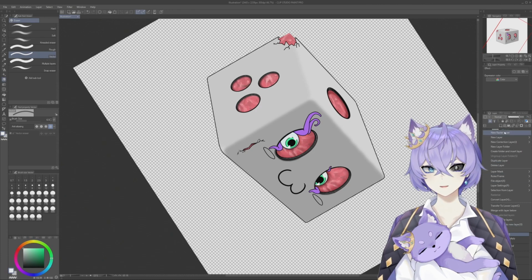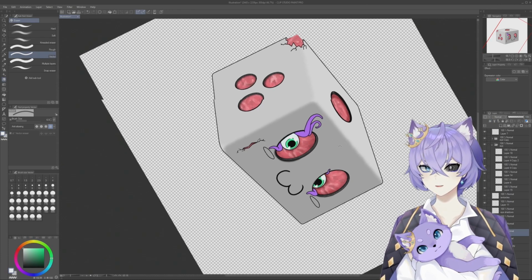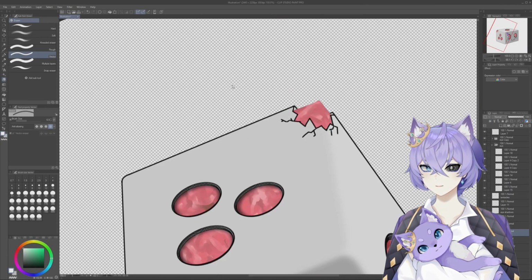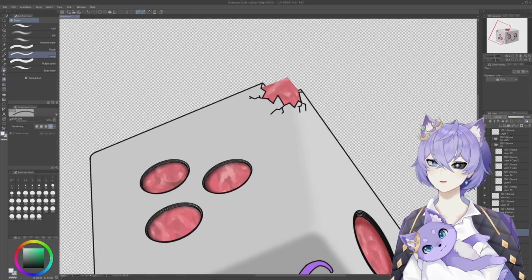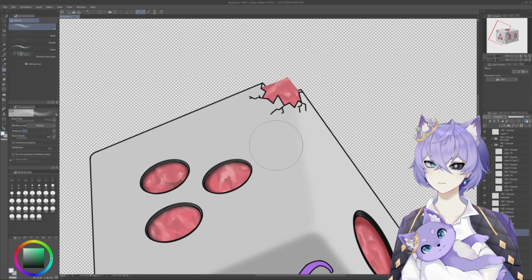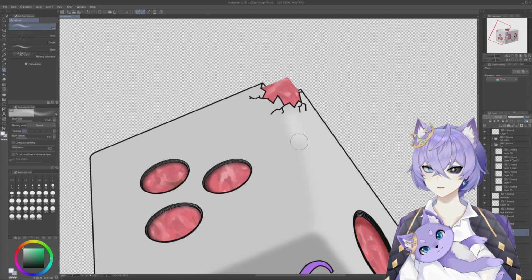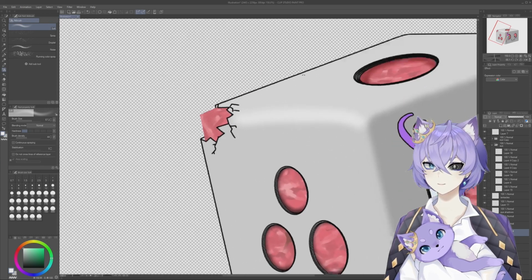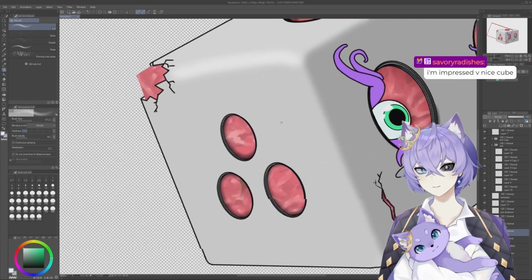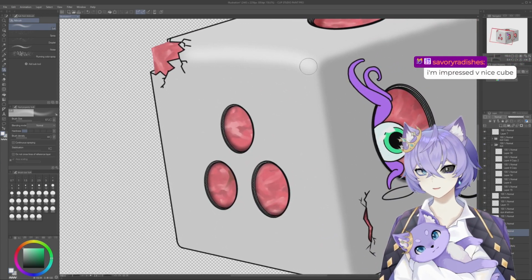Add that in as a new raster layer above everything. And it would just be a soft spray of light right across the top here. And right along the edges here.